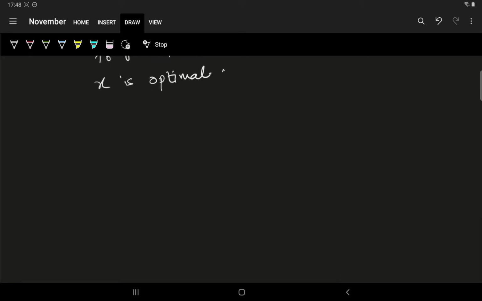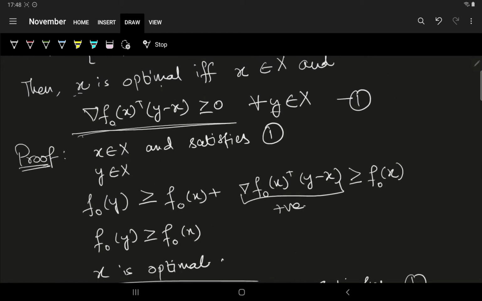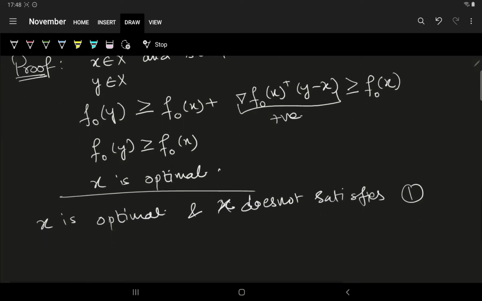And next we say that x is optimal, and x does not satisfy 1. So we say that it does not satisfy this condition, and we will arrive at a contradiction.